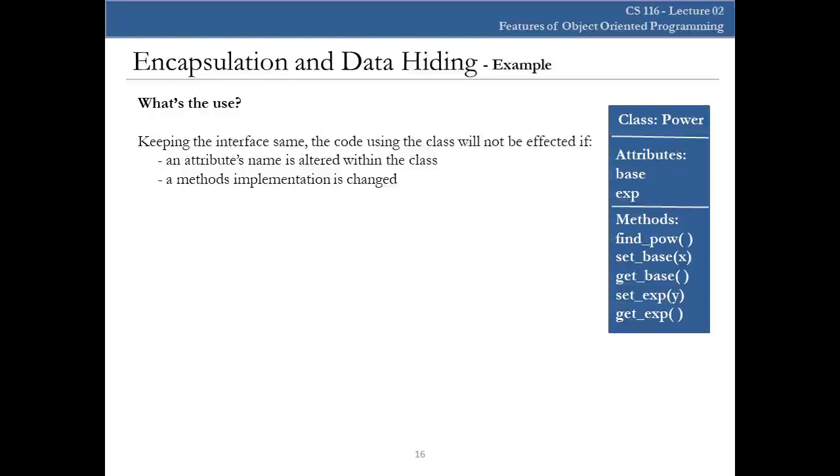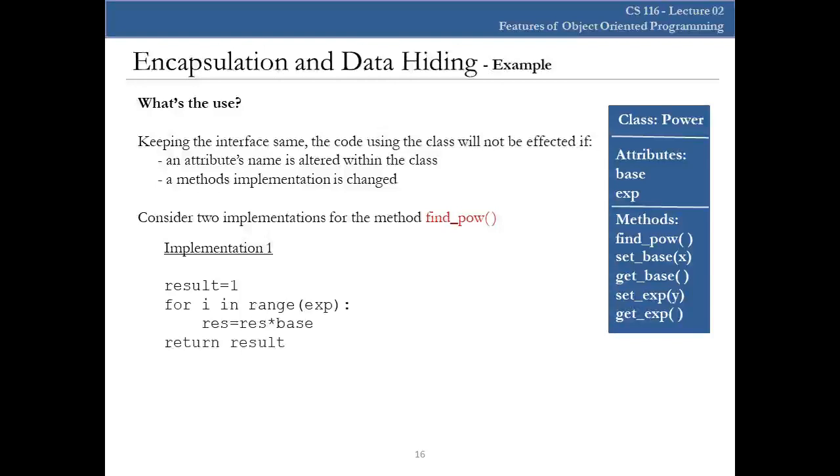Now similarly, if I try to change the implementation of any of these 5 methods, let's suppose find power, consider this as the first implementation. Let's suppose this was the first implementation for my method find power. I'm using a simple loop to repeatedly multiply base by itself, how many times?